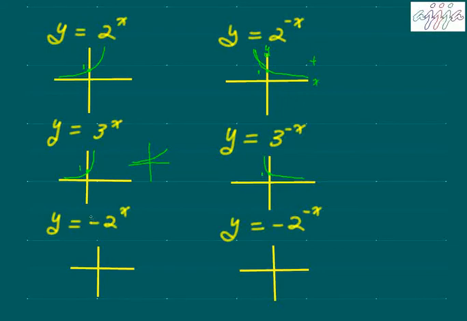What about this? The total value is negative now. That means y goes from positive to negative, negative to positive.